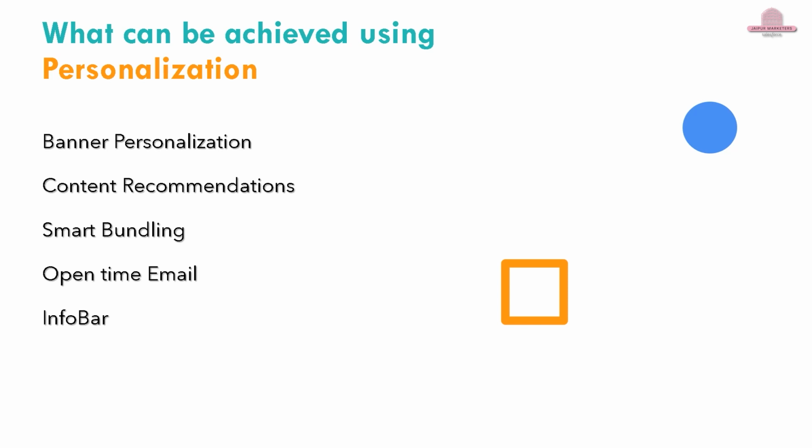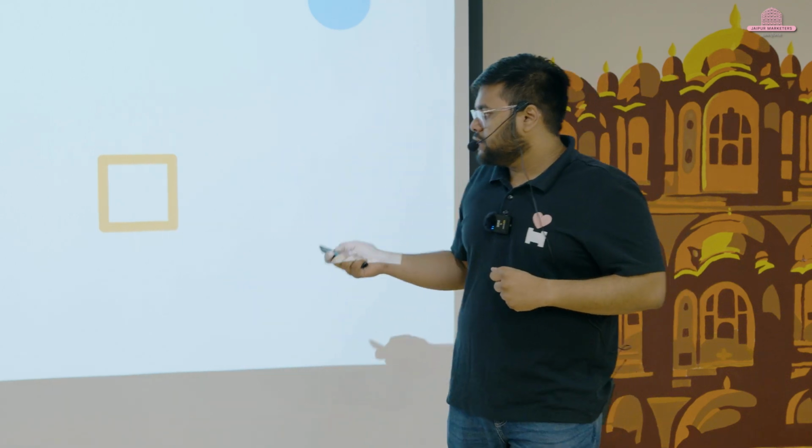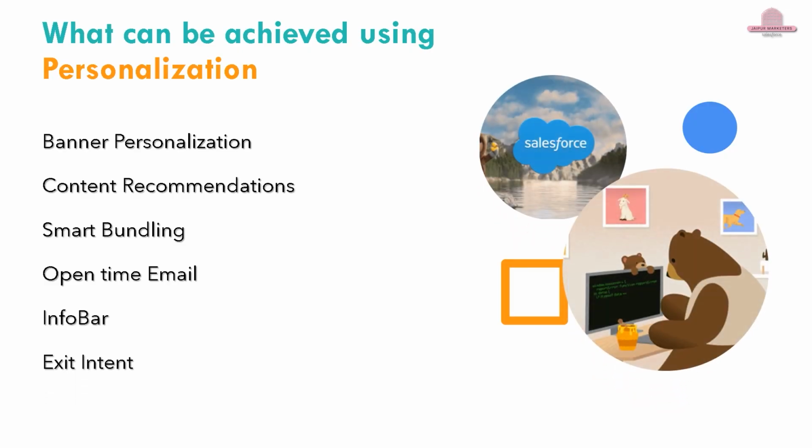And then comes the info bar. Info bar is basically a strip sitting on the top of your website which has the coupon codes, right? That you are a loyal customer, this is a coupon code for you, enjoy this 10% discount. This is the info bar. Then we have exit intent. What is exit intent?